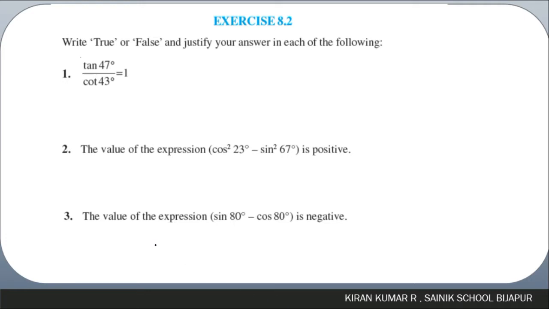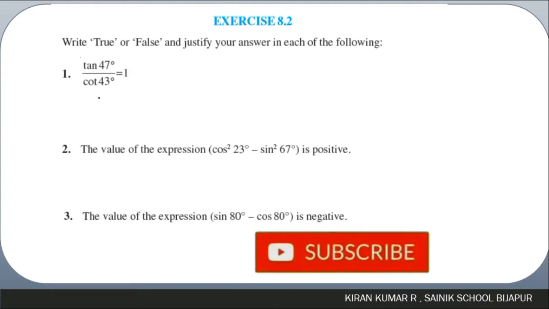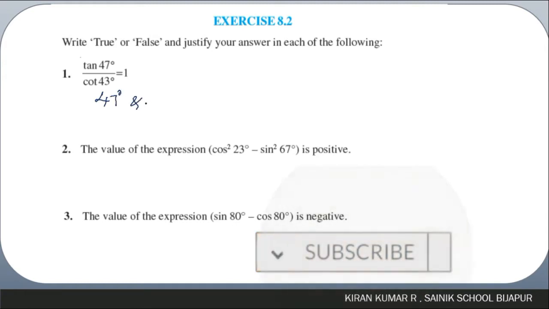Out of that, the first one is tan 47 degree upon cot 43 degree equal to 1. We all know that 47 degree and 43 degree are complementary.